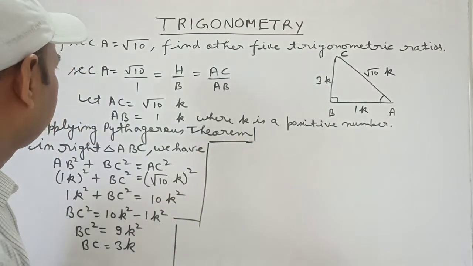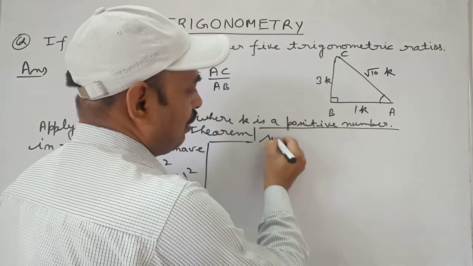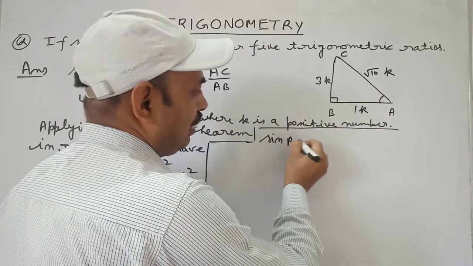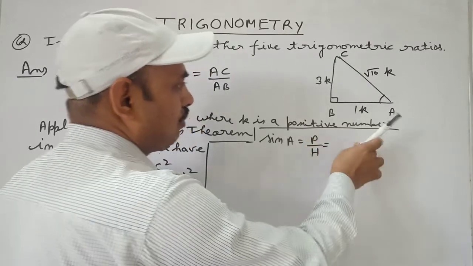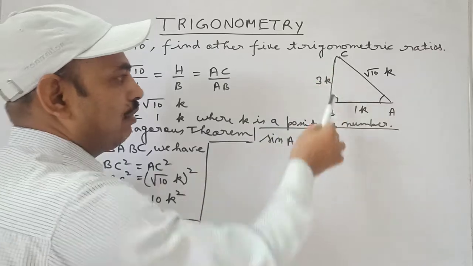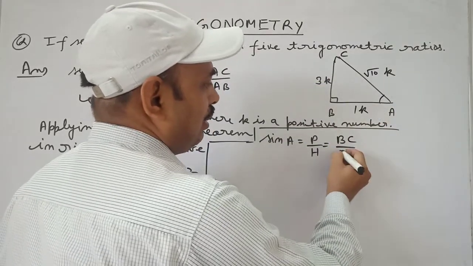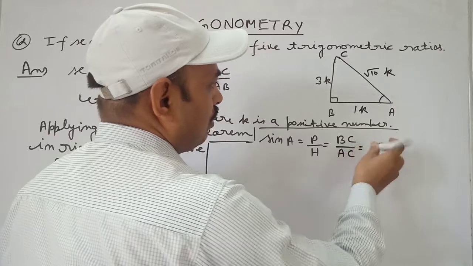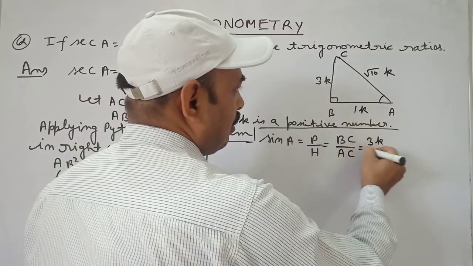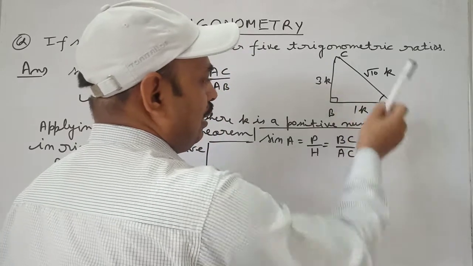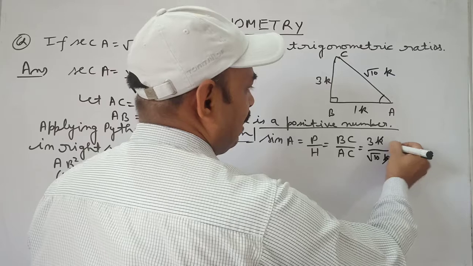First is sine. Sine A is perpendicular upon hypotenuse. For angle A, perpendicular is BC. AC is hypotenuse. So BC is 3k. What is AC? AC is root 10k. K will cancel k.